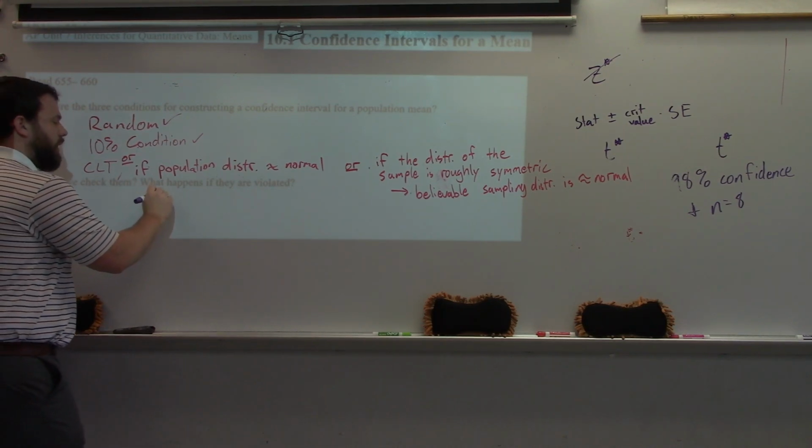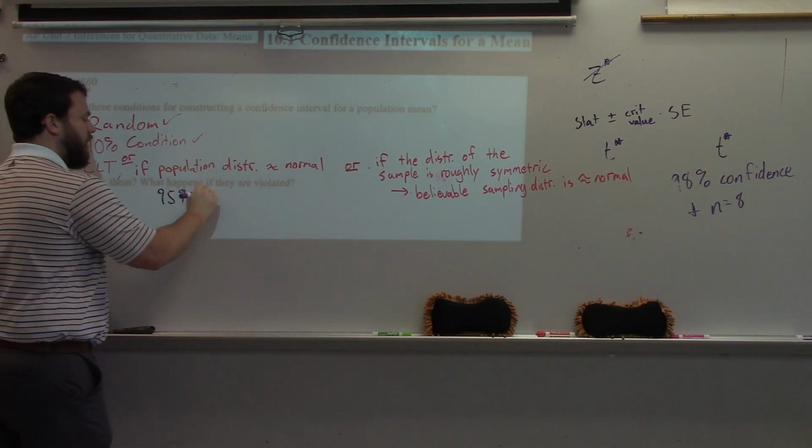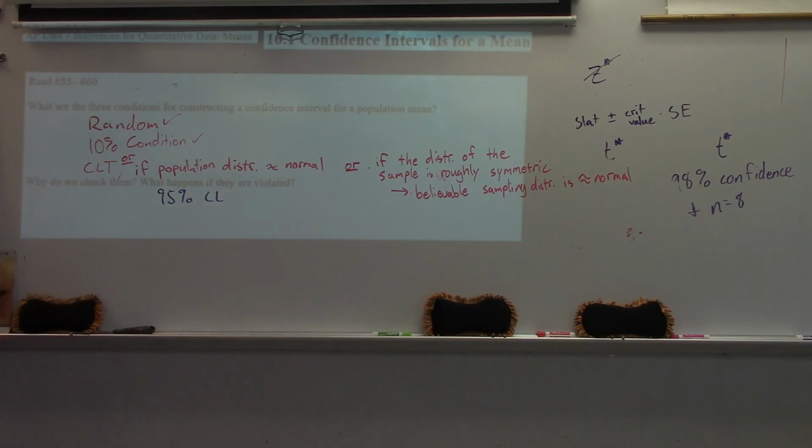But let's say I want a 95% confidence level. What does that mean? I have 95. So in the long run, how many of my intervals should capture the parameter? 95%. However, when we didn't use t, we didn't have the right capture rate.